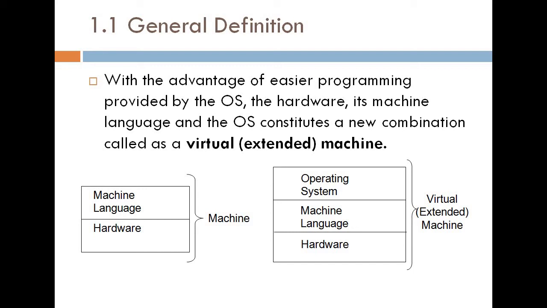So when an operating system comes as interaction in the upper layer, it becomes a virtual extended machine. So operating system is added with the machine, then machine language, then hardware. So this is also one of the advantages of easier programming done by the OS.